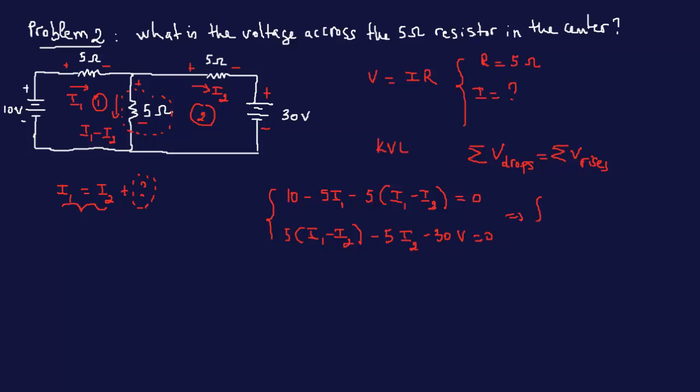We have two equations with two unknowns. Let me rearrange them. So I would have 10 is equal to 5 I1 plus 5 I1 minus 5 I2. I'll just put everything down, not just work it in my head.